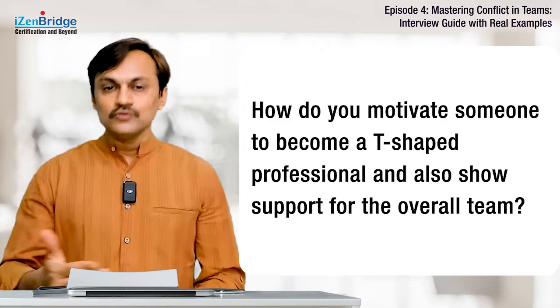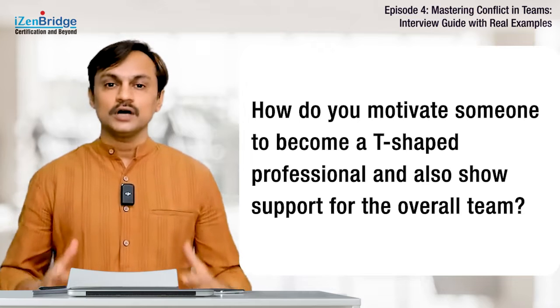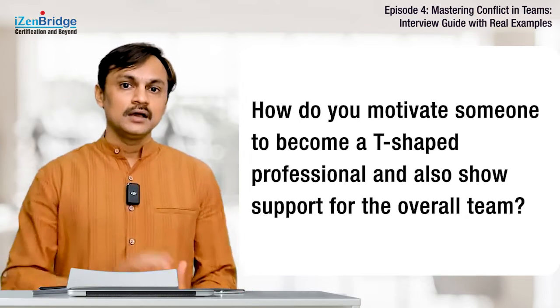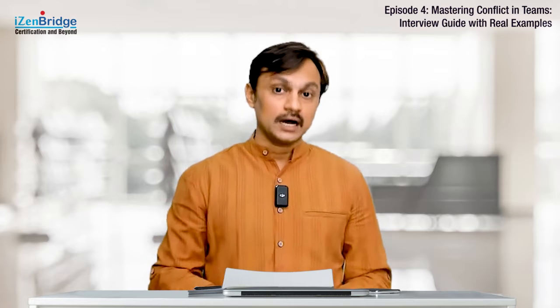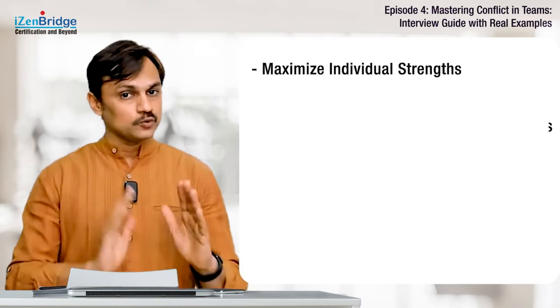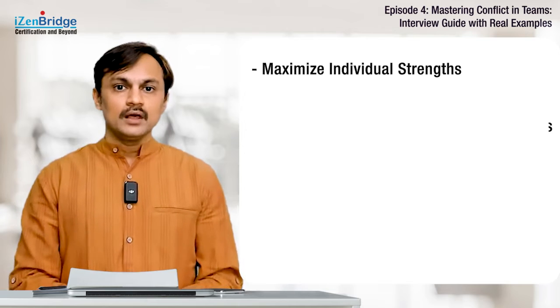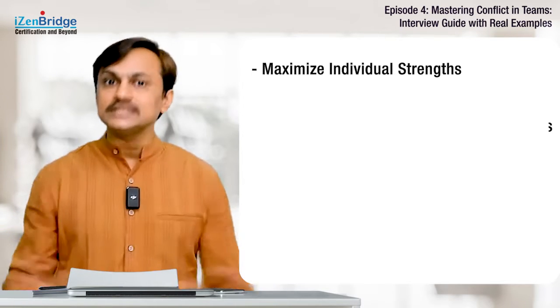So how do you move and motivate someone to be a T-shaped professional and also show support for the overall team? There are multiple possible ways. Here I am sharing a particular idea. You work with the team member and listen to his concern first, the person who wants to remain an I-shaped professional, and help him realize that we are not diluting his skills.